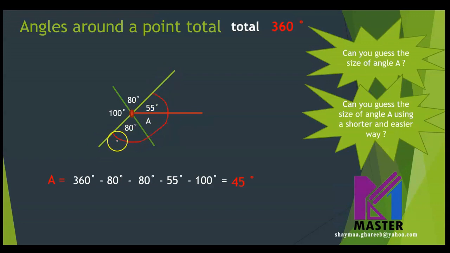So the sum of the 3 of them must be 180 degrees. So I can calculate the size of angle A another way by subtracting from 180 degrees, and it will give me exactly the same size, which is 45 degrees. Is this clear?